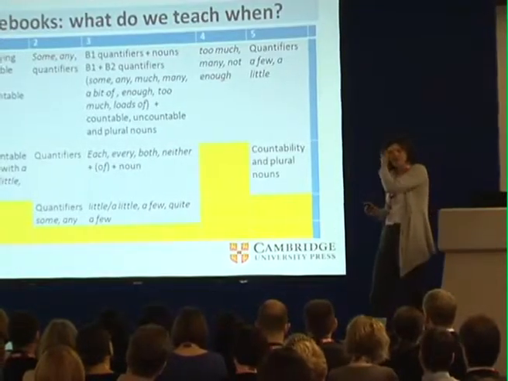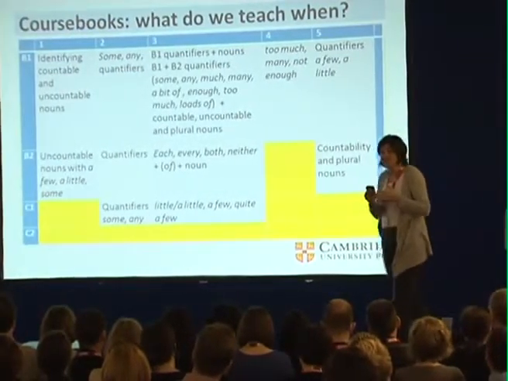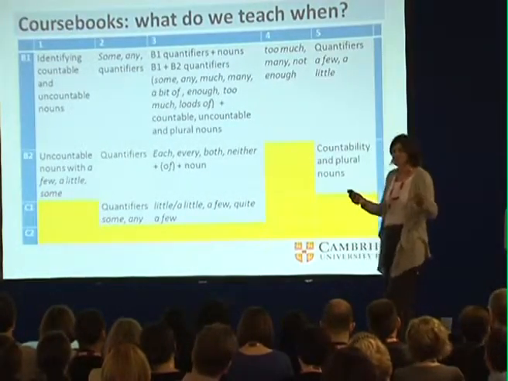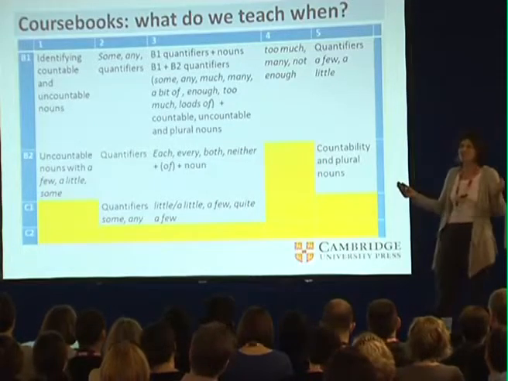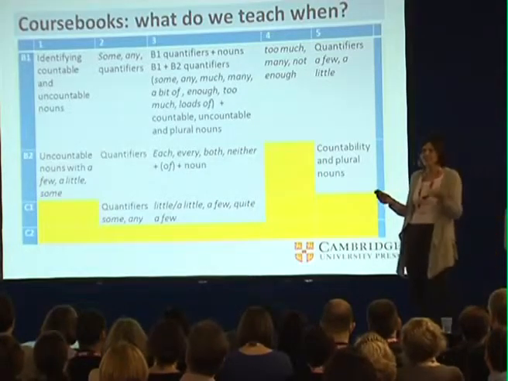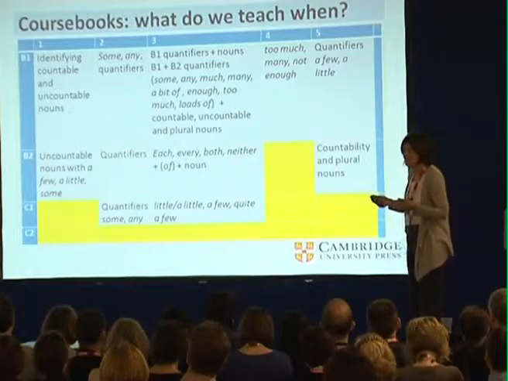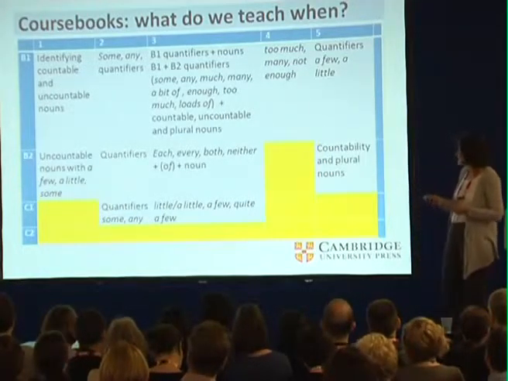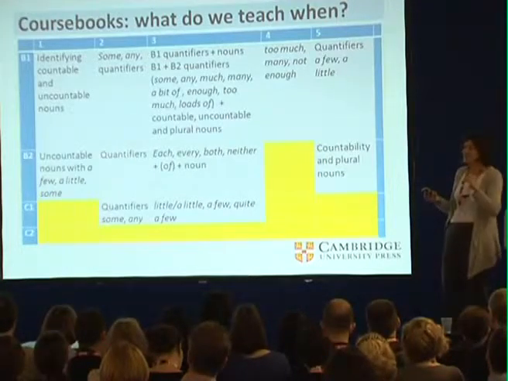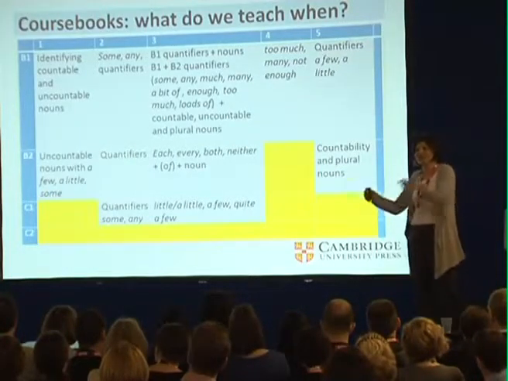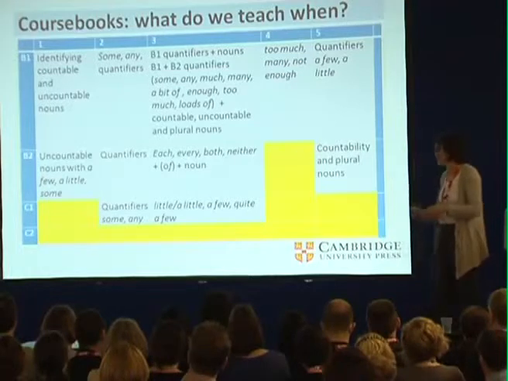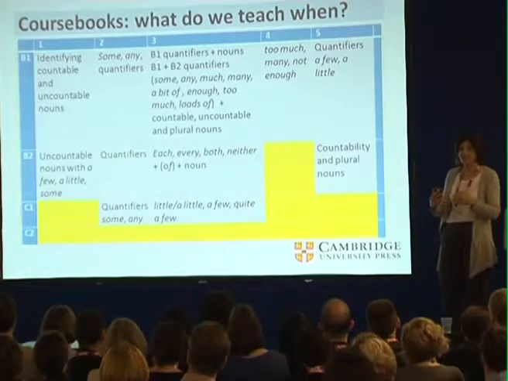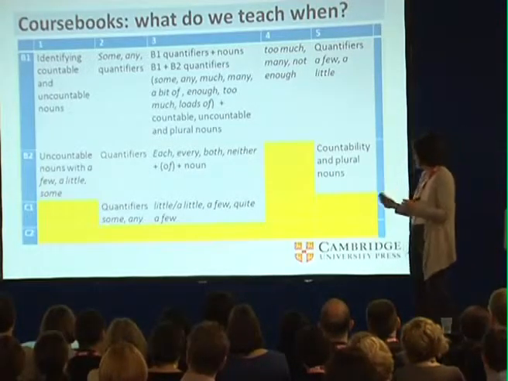And then we wanted to go and have a look at what was being presented in course books, and just did an overview of the most commonly used course books from all the publishers. And we see that at A1 and A2, there is huge input for countability. But obviously, as you go through the levels, at C1 and C2, there's very, very little input.